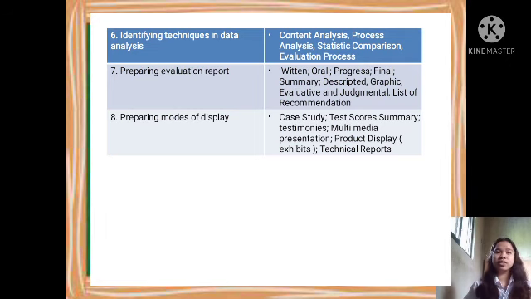What to consider is written, oral, process, final summary, descriptive, graphic, evaluative, and judgmental, list of recommendations. So last step is preparing modes of display. What to consider is case studies, test score summary, testimonies, multimedia representation, product display or exhibits, technical report.